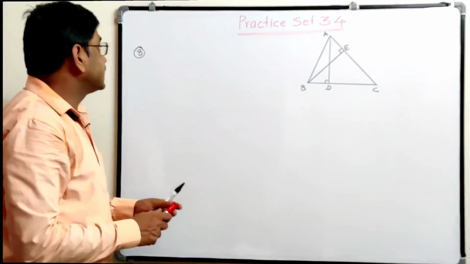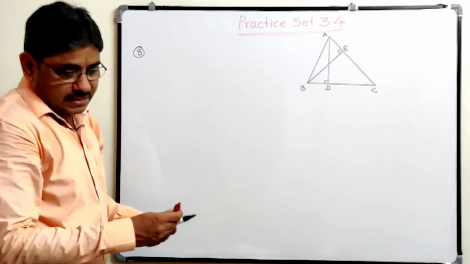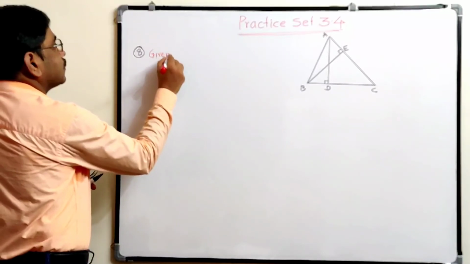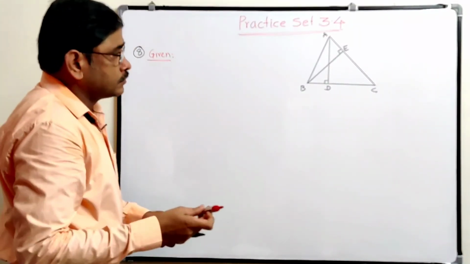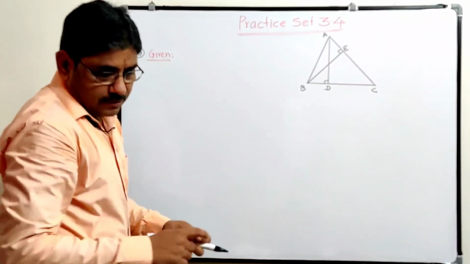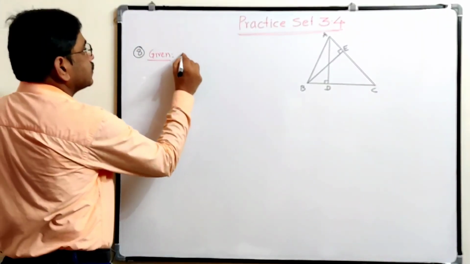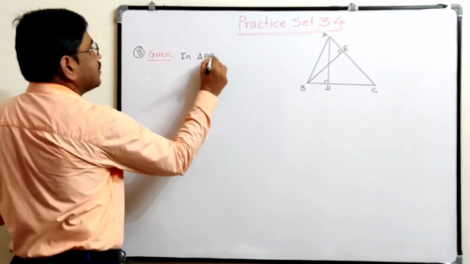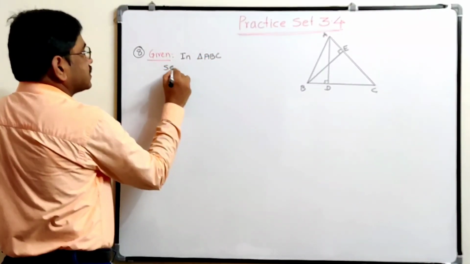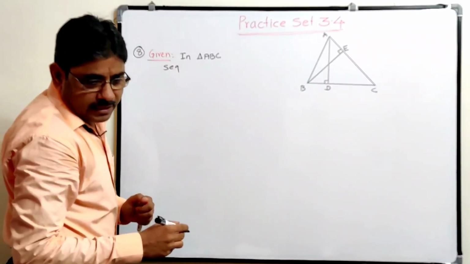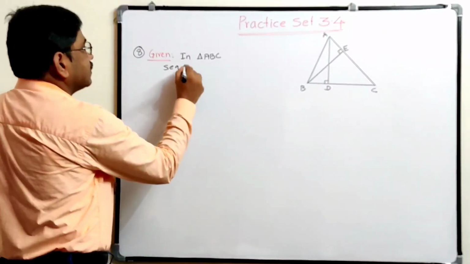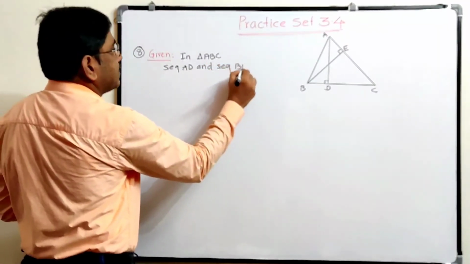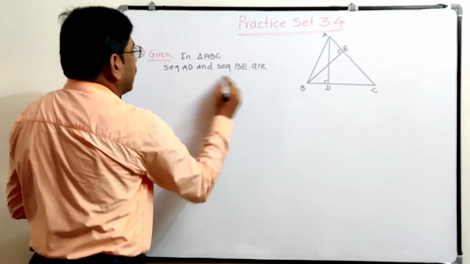Now let us see the last sum from this practice set, the 8th one. What is given? In triangle ABC, segment AD and segment BE are altitudes.